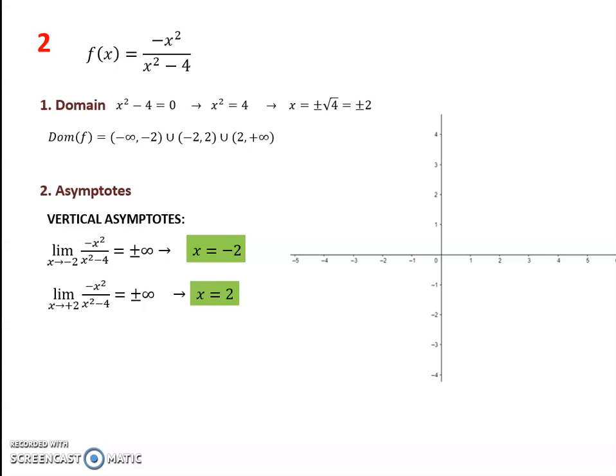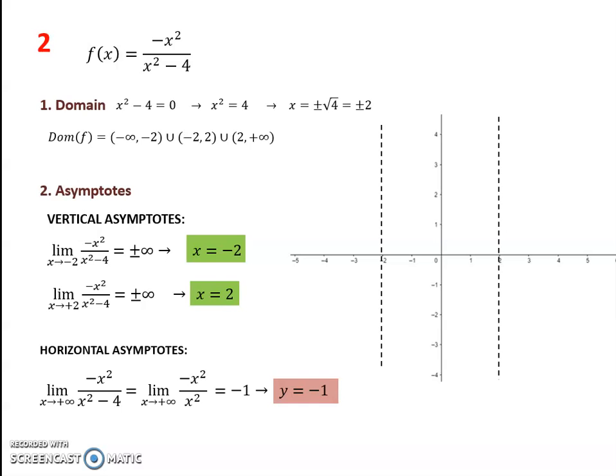At this point, draw the x-axis, y-axis, and locate the vertical asymptotes. Horizontal asymptotes, limits at plus infinity and minus infinity. I started myself calculating the plus infinity one, the right side or right corner of the graph. So we need to take the leading terms in the numerator and denominator, and the solution is minus 1.